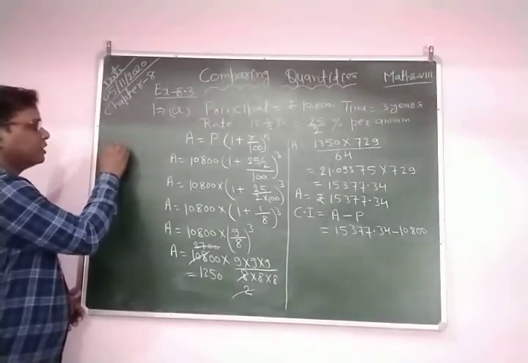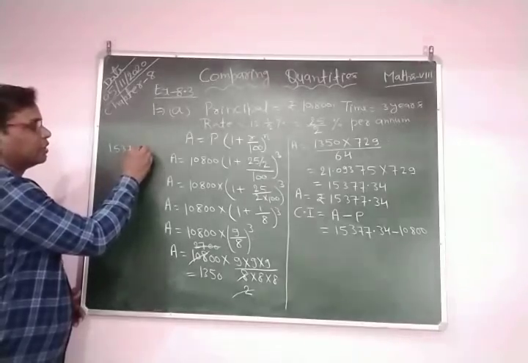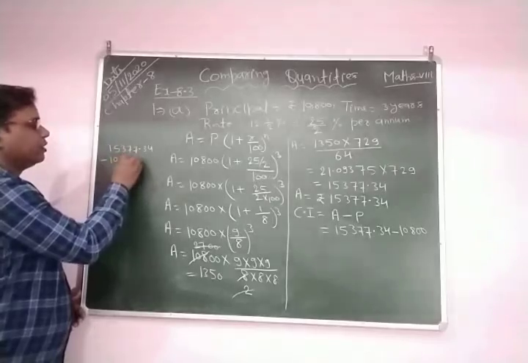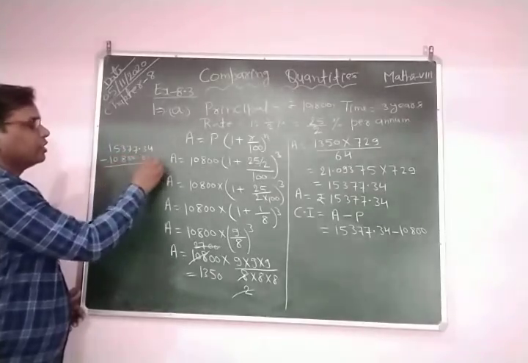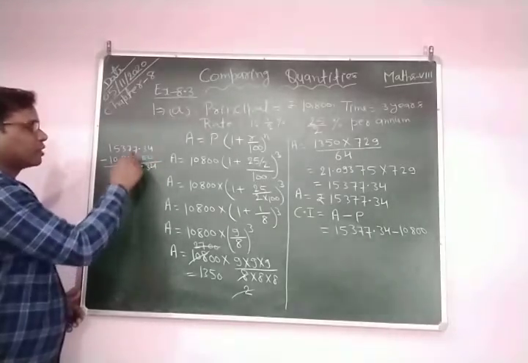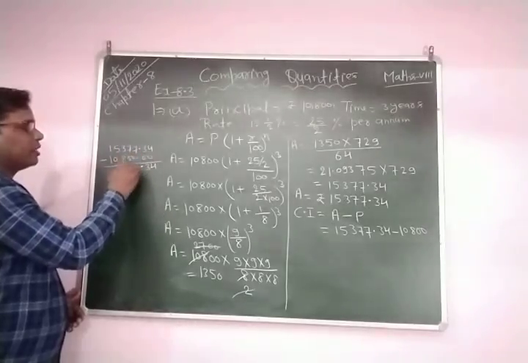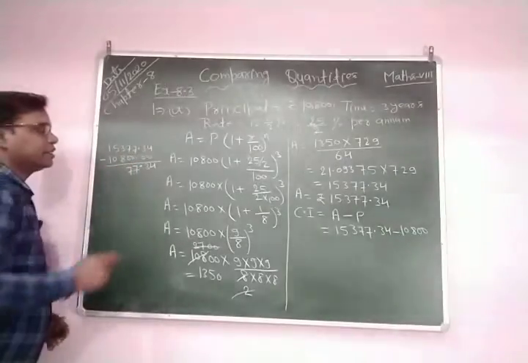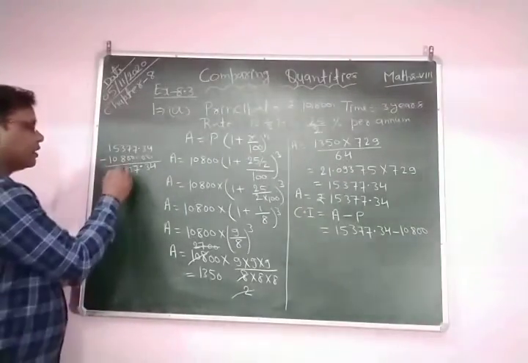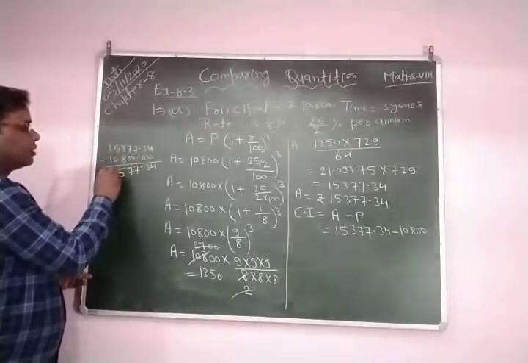Okay, so here you can subtract it. This is 15,377.34 minus 10,800.00. Clear? So you can subtract. Here you get 0.34, and 7 minus 0 is 7, but here 3 is smaller, then you take 1 carry, then you have 13 minus 8 is 5, and here this becomes 4.